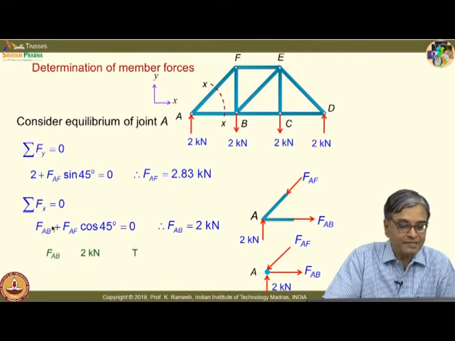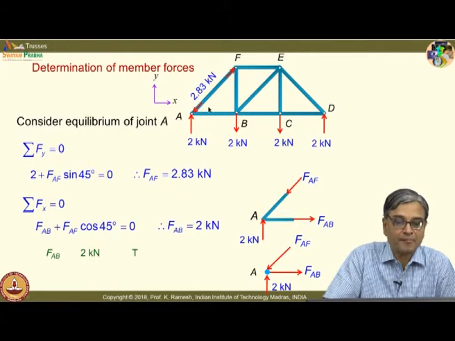So, we have already seen that FAB is in tension, that is a value of 2 kilonewtons, and it is a convention in truss analysis to put these arrows on the members. Let me put the member forces. I have first put the force in FAF, member AF.